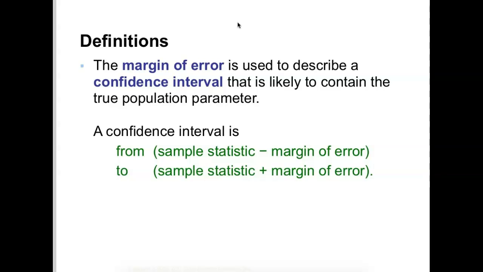And so a confidence interval is just an interval of numbers that's meant to capture the parameter that we're looking for. So oftentimes in a political poll, you'll see candidate A is polling at 51%, and they'll give you the margin of error as 3%. Well, that means they could be polling as high as 54% or as low as 48%.